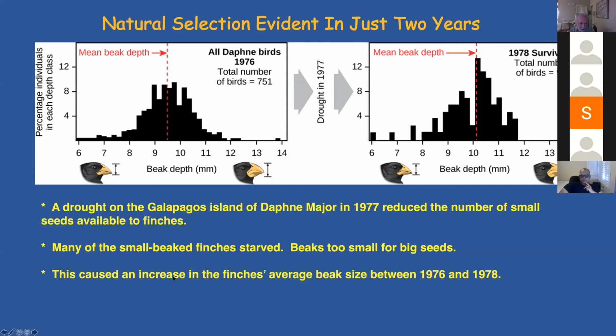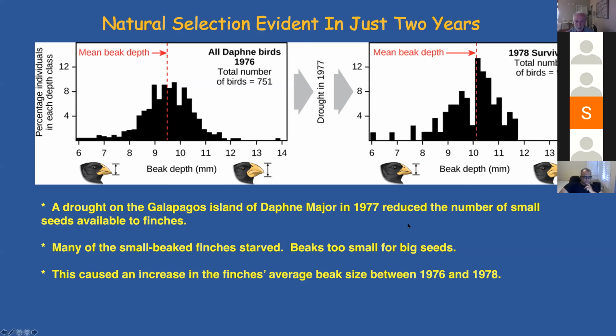Now, this caused an increase in the finch's average beak size between 1976 and 1978, and that's what the two graphs show. In 1976, the mean beak depth, you can see what depth means here, was about 9.5 millimeters. 2 years later, the mean beak depth was a little over 10 millimeters, and statistically significant.